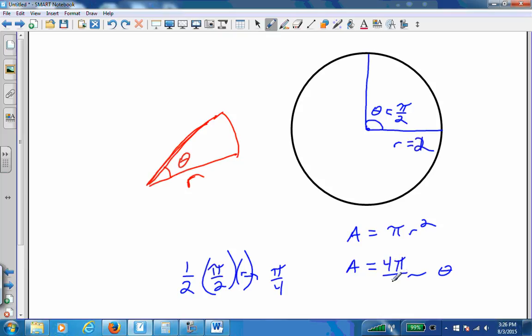If we divided that by 4, then that area would be pi. So if my angle is pi over 2 and my radius is 2, did I say that correctly? If the radius is 2, and the whole area is 4 pi, so that area is pi.